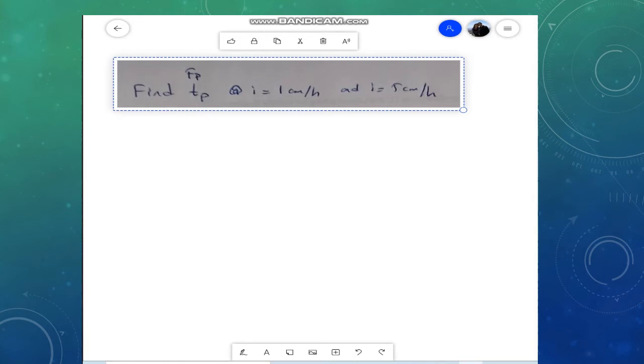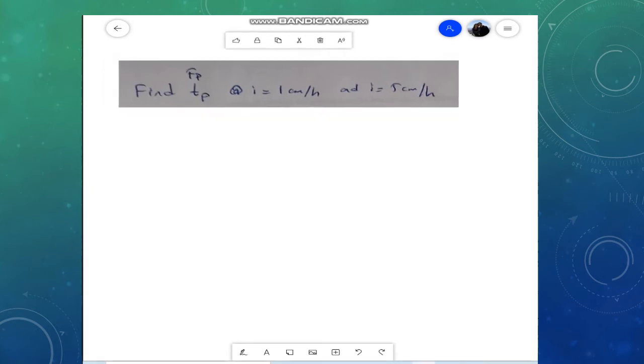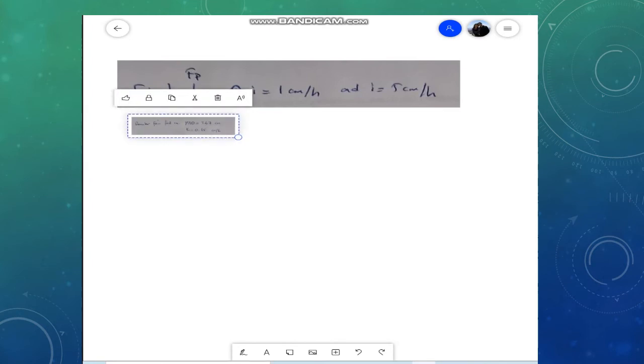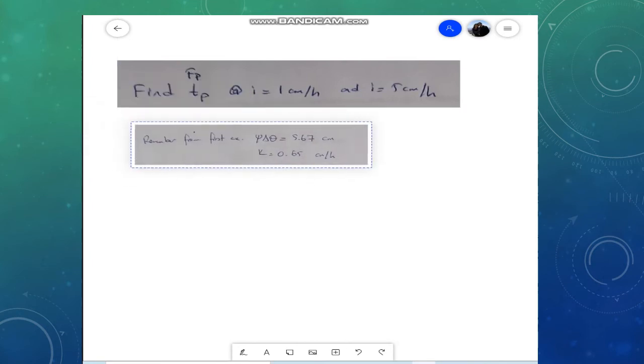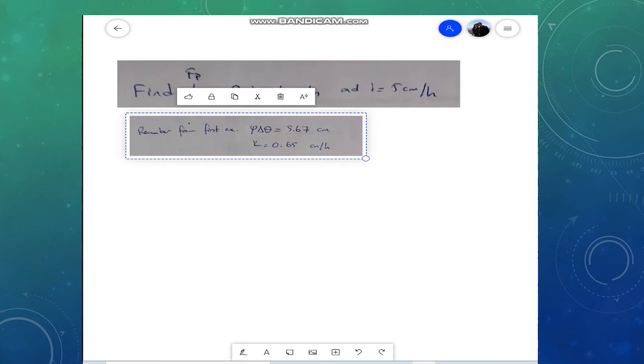While we are finding this, we will use the previous example, silt loam. Remember that we have suction head multiplied by delta theta is 5.67 centimeter and hydraulic conductivity was 0.65 centimeter per hour.